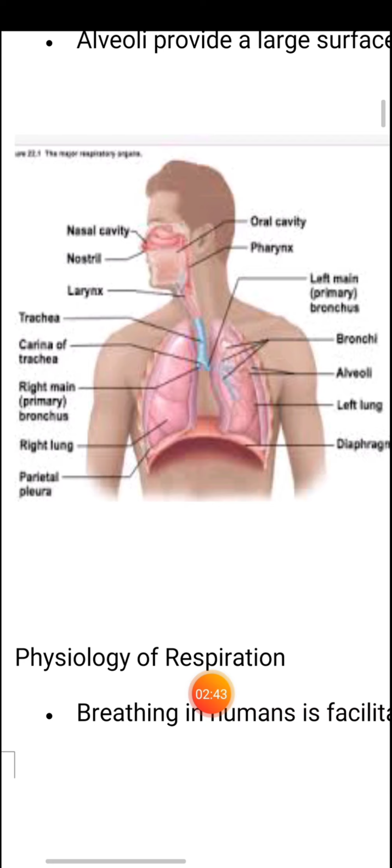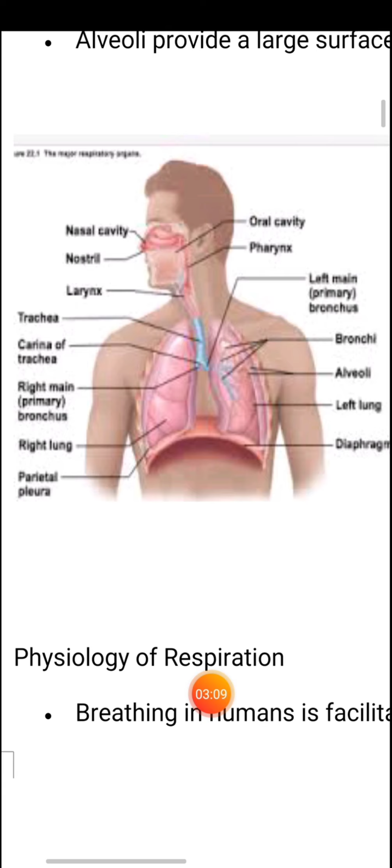The first branch, on the left or the right, we call the primary bronchus. From this bronchus, bronchi generate other small branches, and these bronchi enter into the alveoli, small sac-like structures which are the original breathing area.